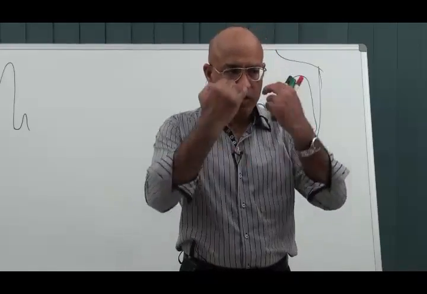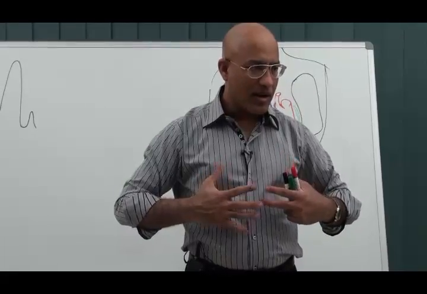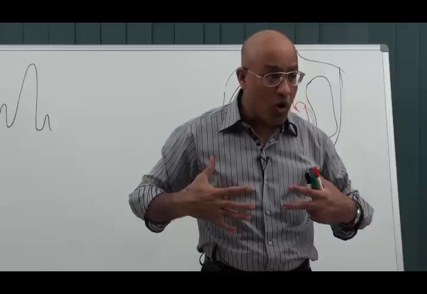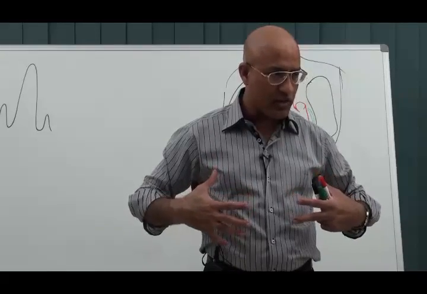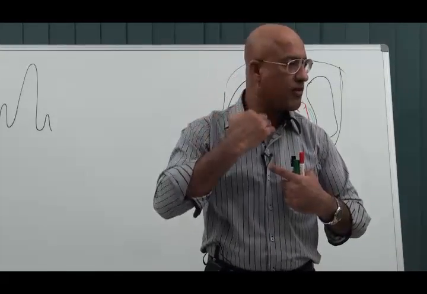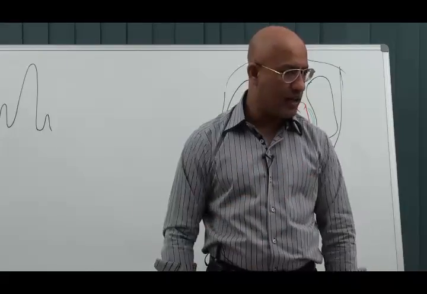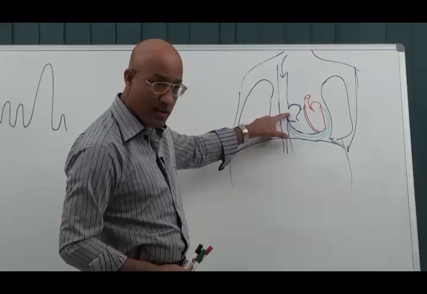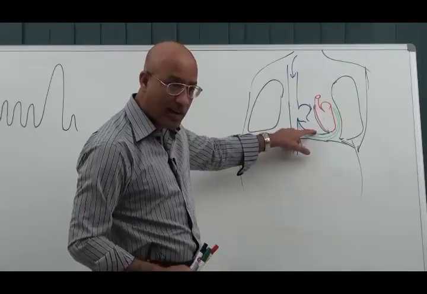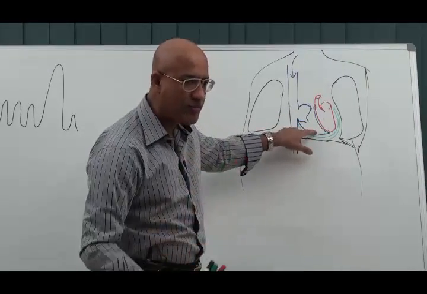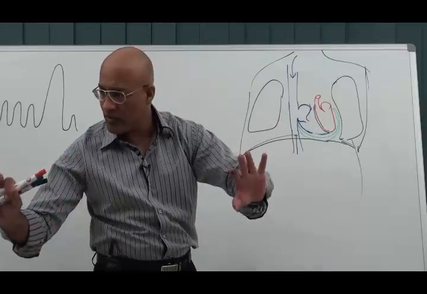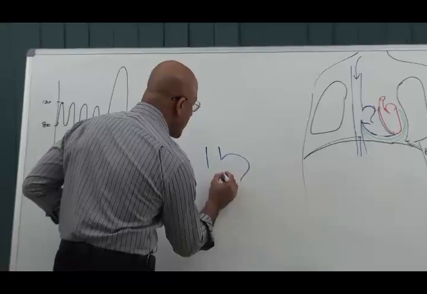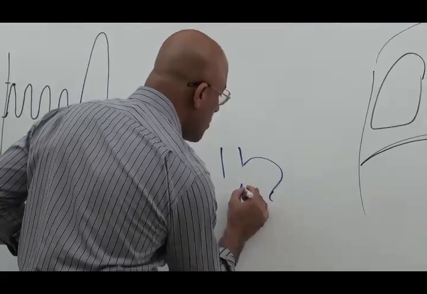As air is pulled in, the enlarging cavity and more negative intrathoracic pressure also pull the venous blood from the superior vena cava and inferior vena cava. So venous return to the right heart during inspiration is less or more? More. Is that clear to everyone? So venous return to the right heart during inspiration becomes more.